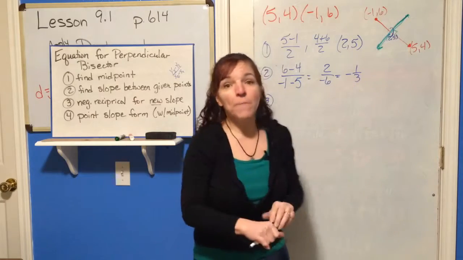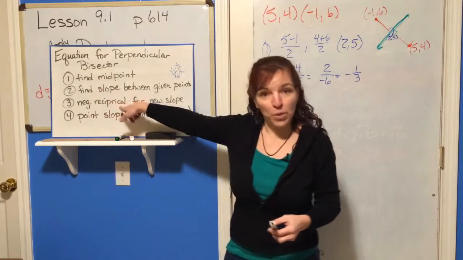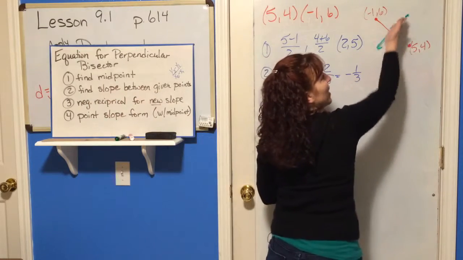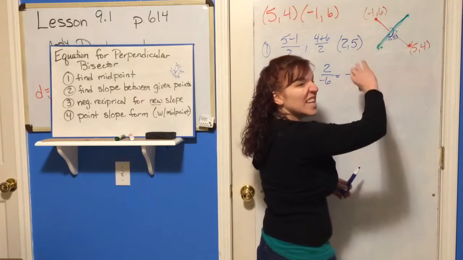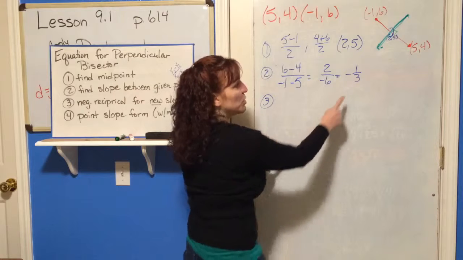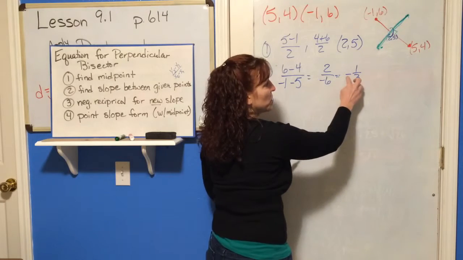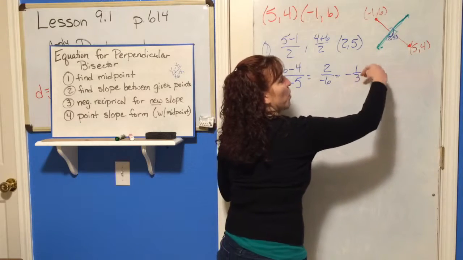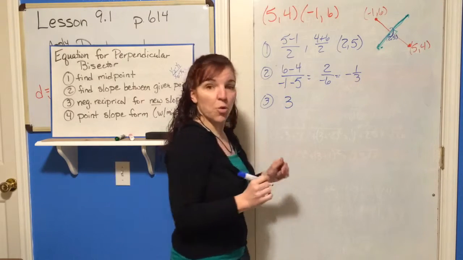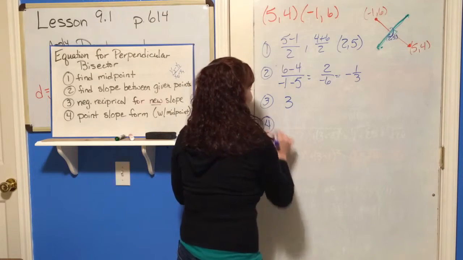And if you remember, a perpendicular line has the negative reciprocal of the slope. So this new line is going to have a slope that is the negative reciprocal of this line. So my new slope is going to be the opposite of this one and its reciprocal. So it's going to be positive, and it's going to be 1/3 flipped. So this is going to be a positive 3 is going to be my new slope. Easy.